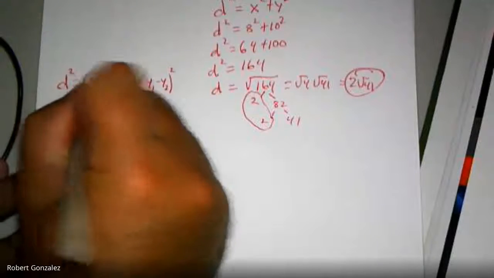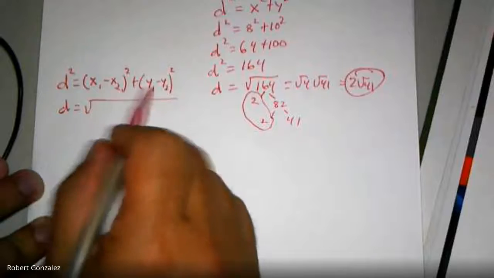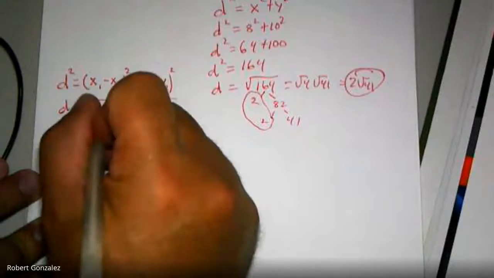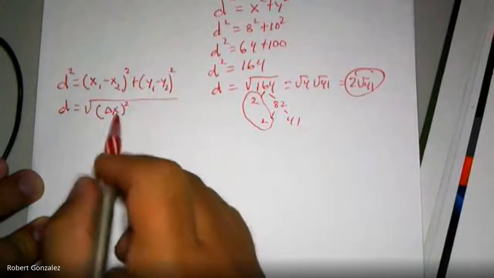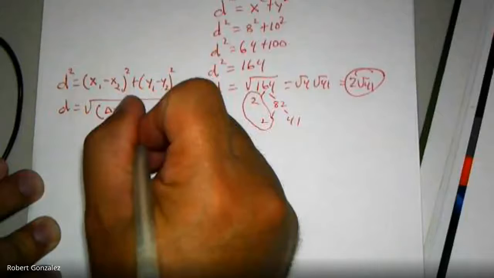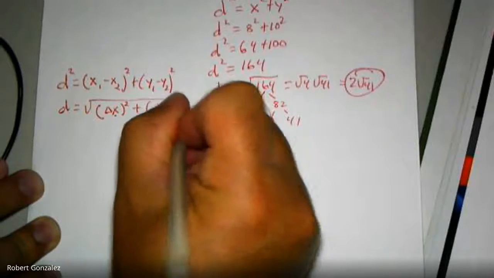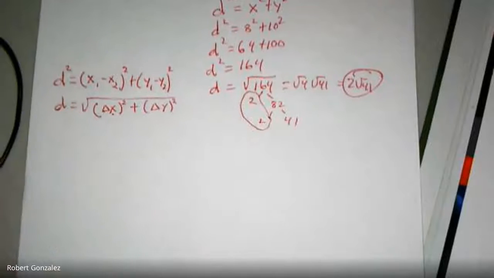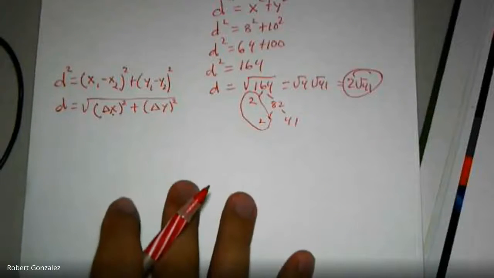And now I can write the square root, and I can simplify these. x1 minus x2 can be written as delta x. That means the change in x or the difference of x. Delta means difference. And right here, delta y squared. And when you're doing delta x and delta y, it doesn't matter what order you go in, because when you square it, you're going to get the positive answer anyways.